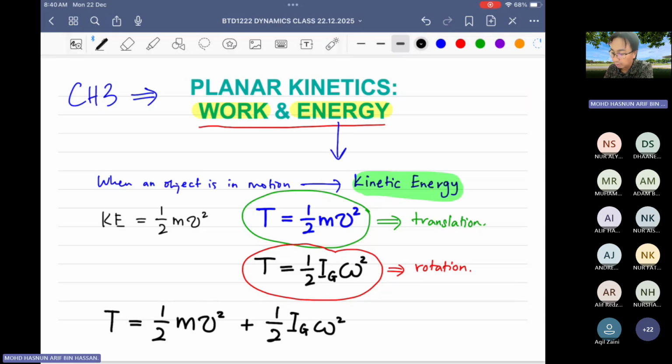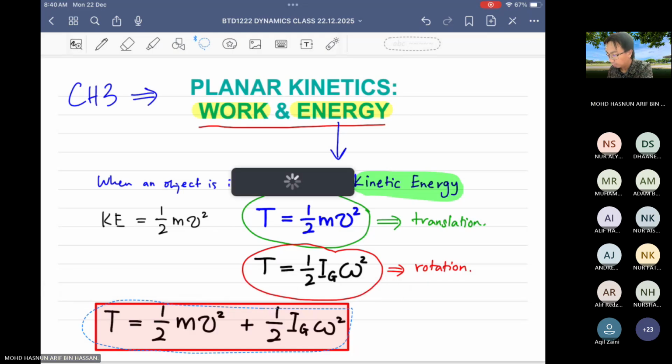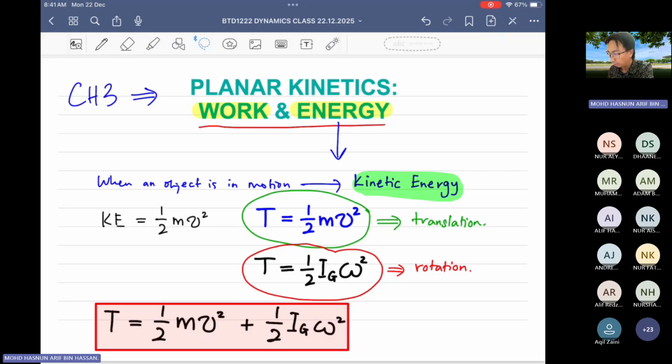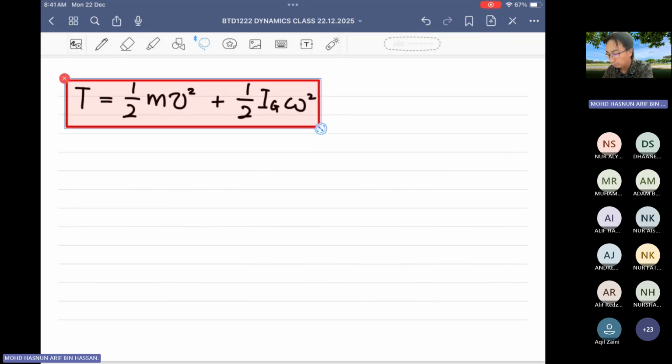This is the official equation to calculate kinetic energy in rigid body dynamics, which involves both translation and rotation components. Let's take this equation and look at it for the three types of motion that we have.